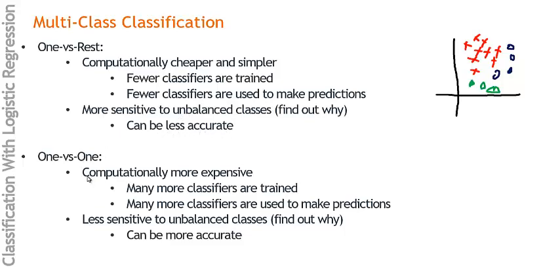Now, one versus one is much more expensive computationally. You have to train more classifiers and you have to make more predictions. But generally, when you make more predictions, that gives more of an opportunity for cross-checking and cross-correction. Less sensitive to unbalanced classes, I think it's because you're making more comparisons between classes.